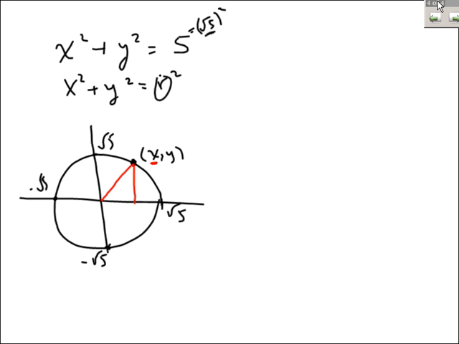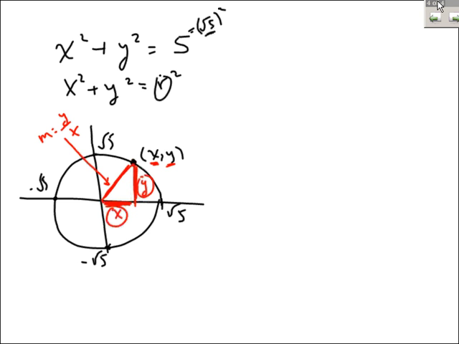And since the x value is x, this horizontal distance is x, and this vertical distance is y. So then the slope of that line is the change in y, which is y, over the horizontal change, which is x.